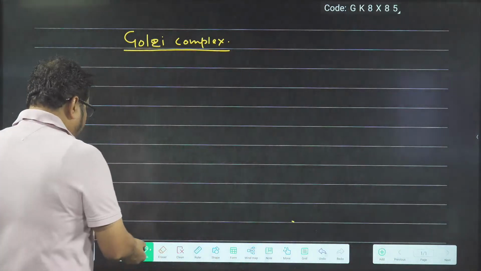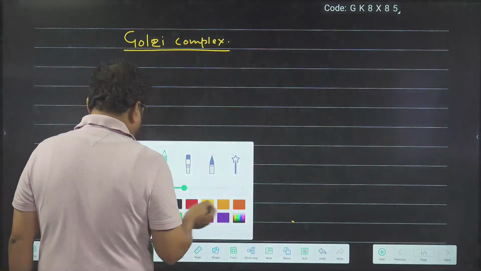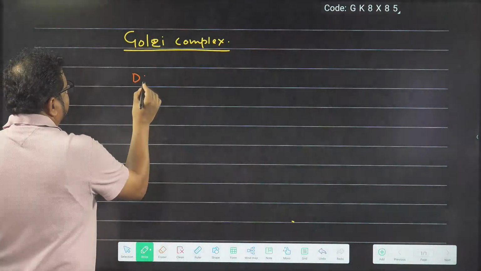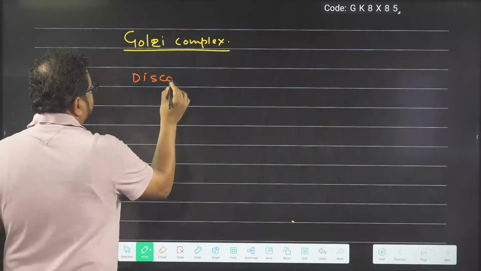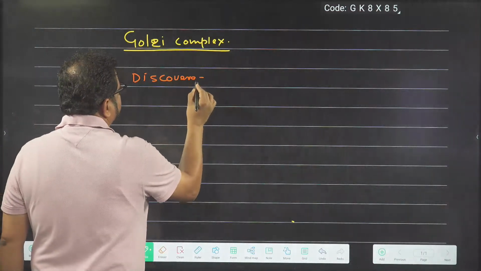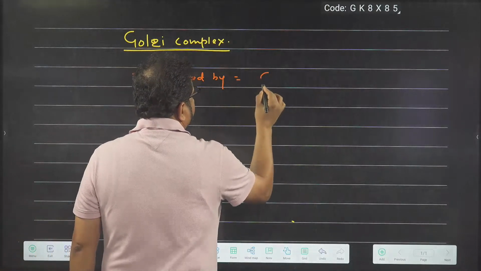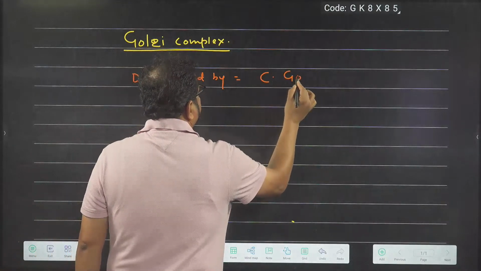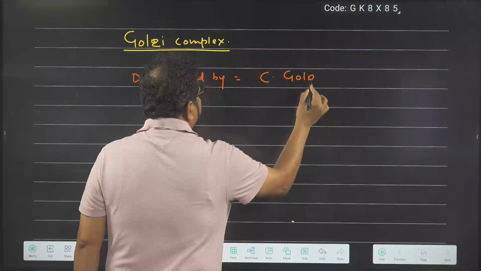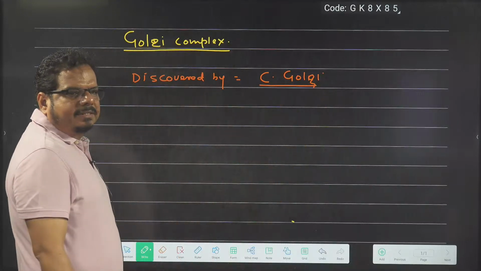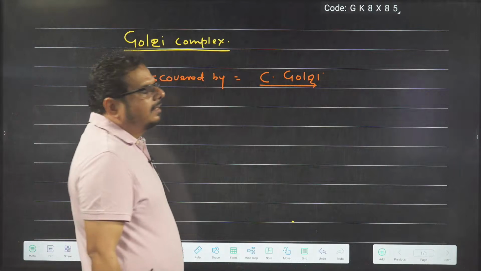So, start with the Golgi complex. It was discovered by Camillo Golgi. Got the idea?